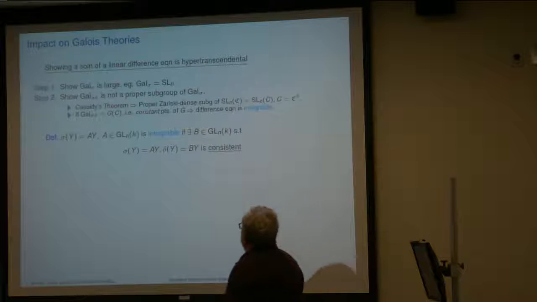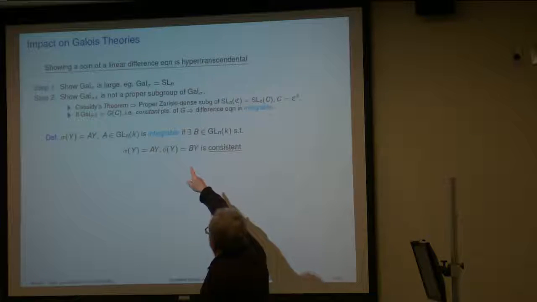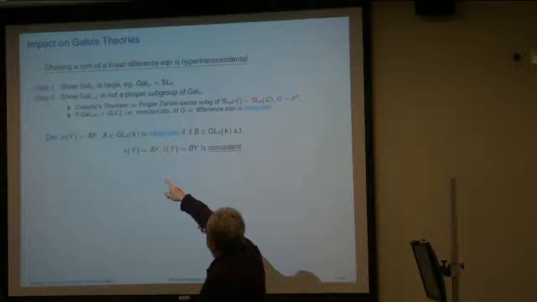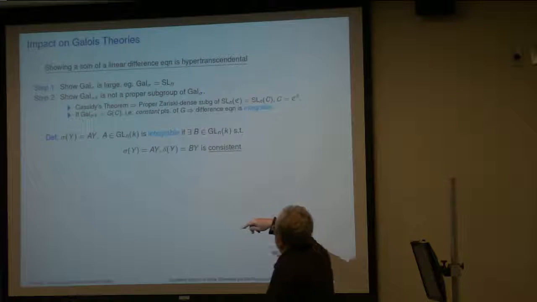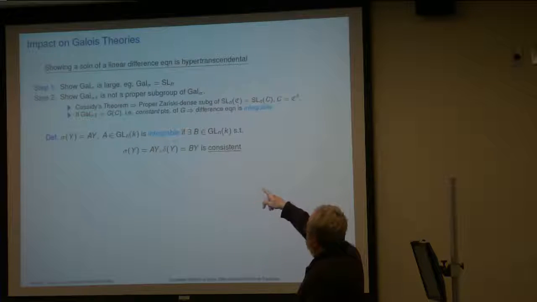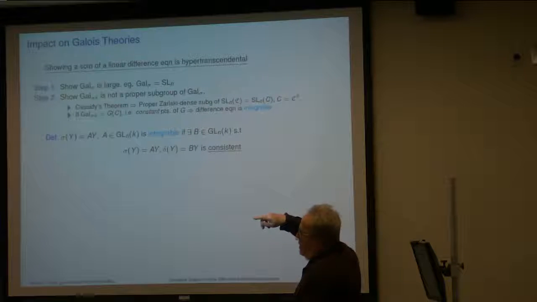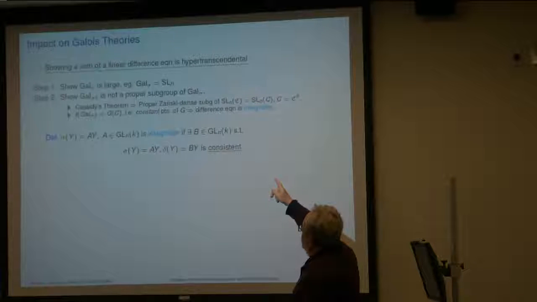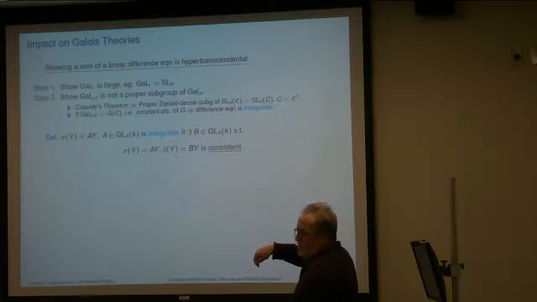So here are some useful facts. A theorem of Phyllis says that, for instance, if you've shown that the usual sigma Galois group is SLN, the sigma delta Galois group is going to be Zariski dense. There's only one possibility other than the whole group, and that'll be SLN of the constants.